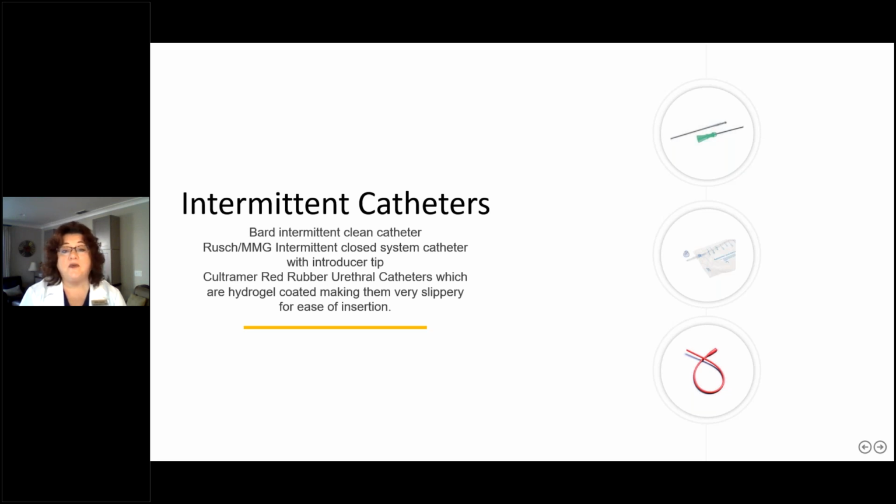Very simple for people who need to do this every few hours. And then, of course, there's the red rubber that is coated with a very slippery hydrogel for ease of insertion. I remember when they first came out with the introducer tip intermittent closed system, and that was a huge thing for a lot of paraplegics who have to catheterize all the time. It's a wonderful system.